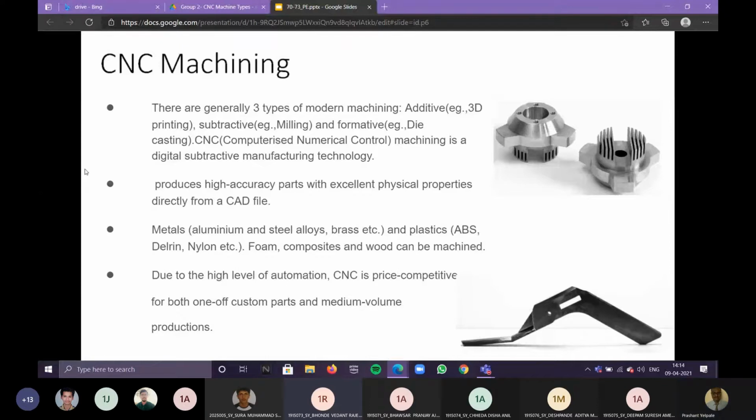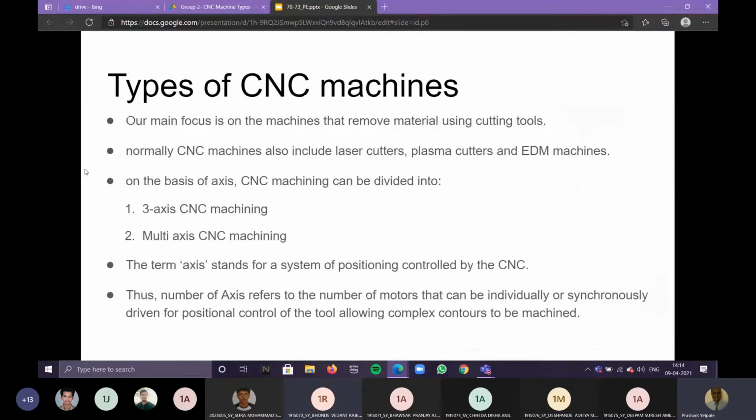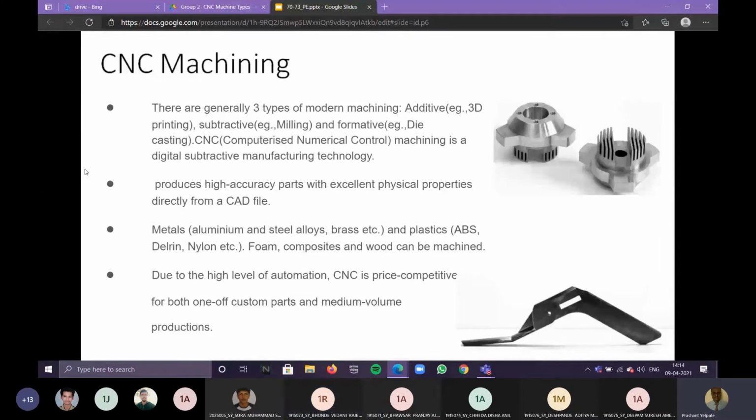The most common examples include metals and plastics, also foam, composites, and wood. Due to the high level of automation, CNC is price competitive for both one-off custom parts and medium volume production.